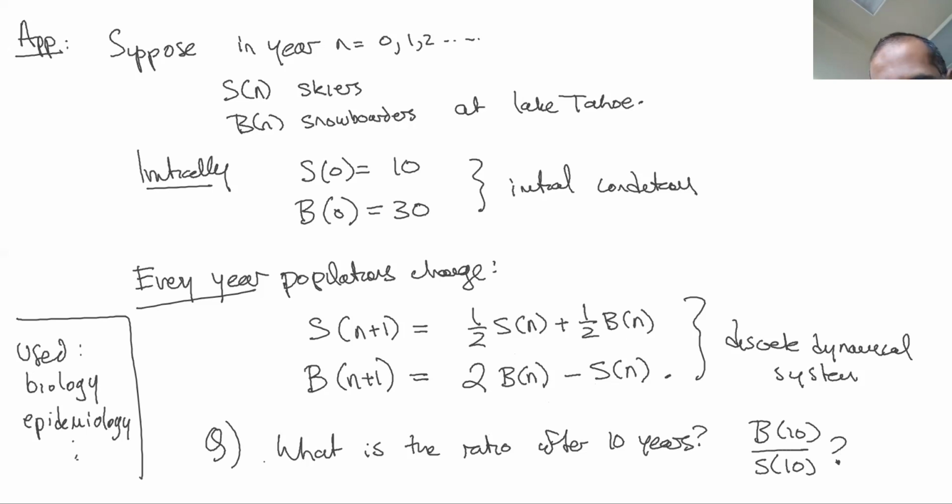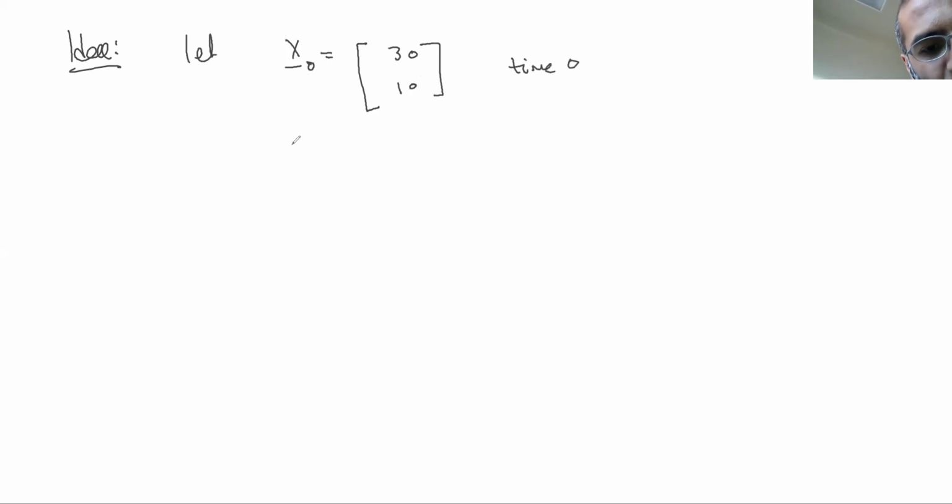Well, one idea is to set this up. Let x naught be a vector which contains the number of boarders and the number of skiers, and let xn be this vector at time n.